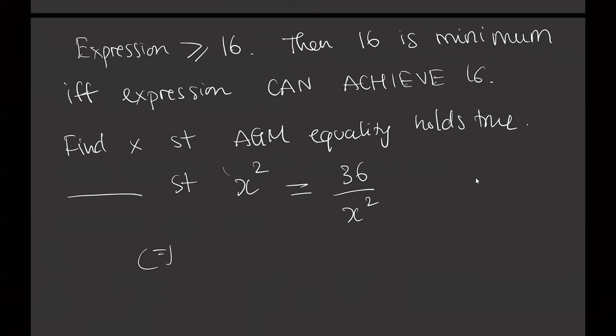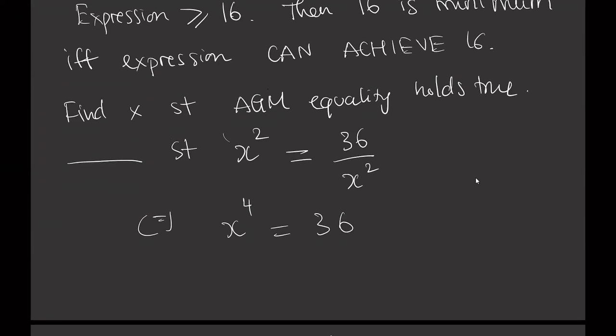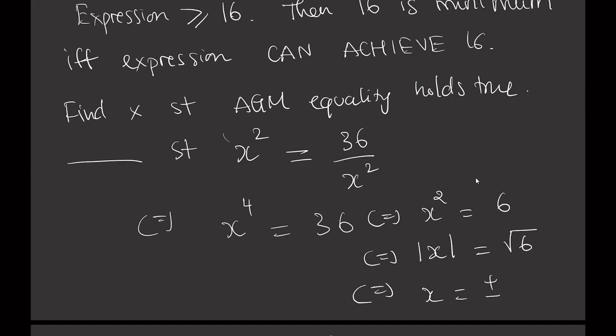So if you multiply x squared to both sides, you have x to the power of 4th equal 36. And then if you square root both sides, you have x squared equals 6, which means absolute value of x equals square root of 6, which means x is plus minus square root of 6.